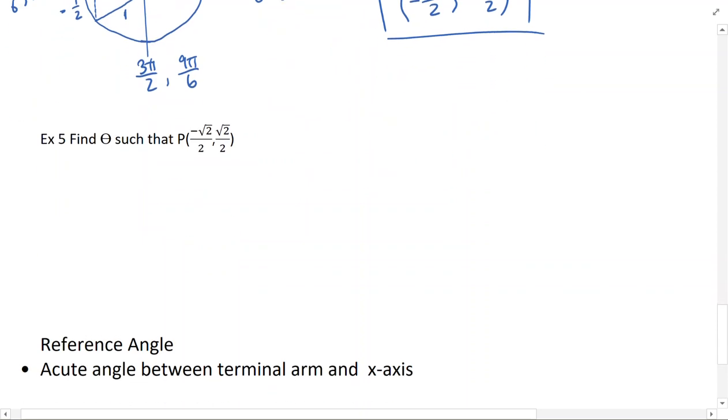So find a theta such that P is negative root 2 over 2 and root 2 over 2. So finding an angle with that point. Again, since we're looking at negative root 2 over 2, so it's negative x, positive y, it would be somewhere in quadrant 2.